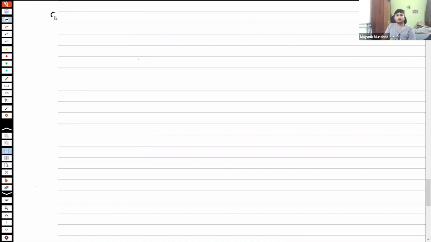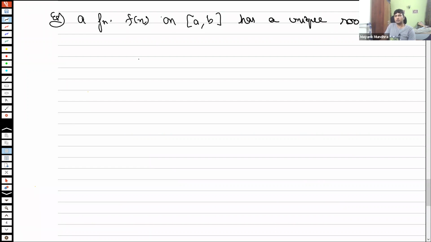The example is a function f of x defined on A to B has a unique root, that is a single point where it becomes 0 at C, which is somewhere between A and B. So it has some unique midpoint.